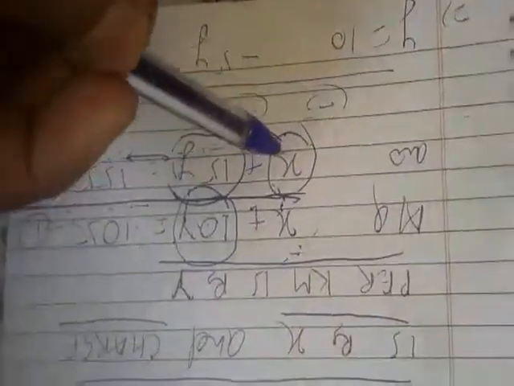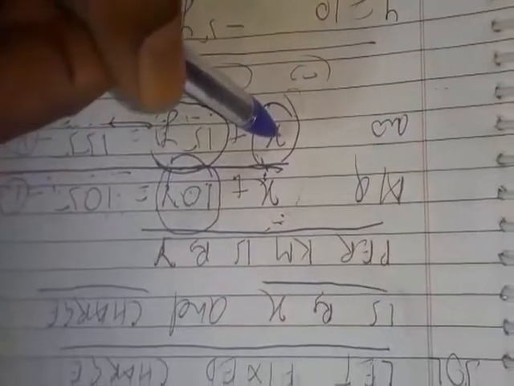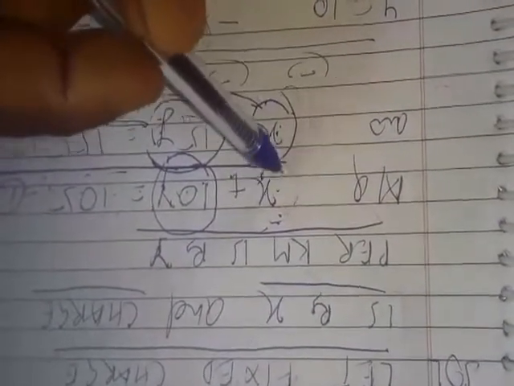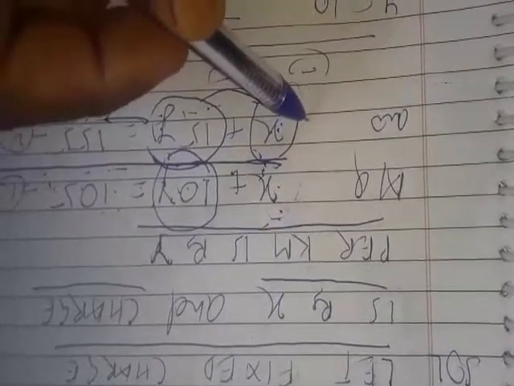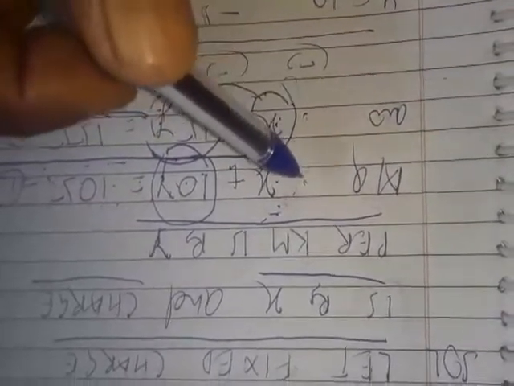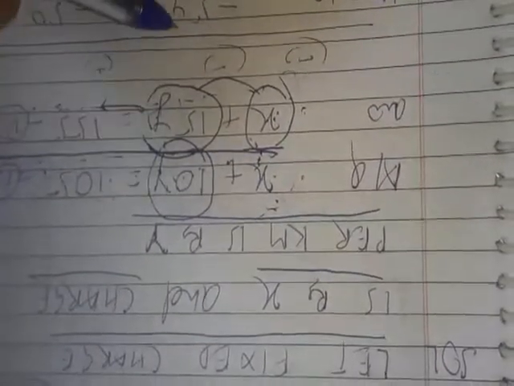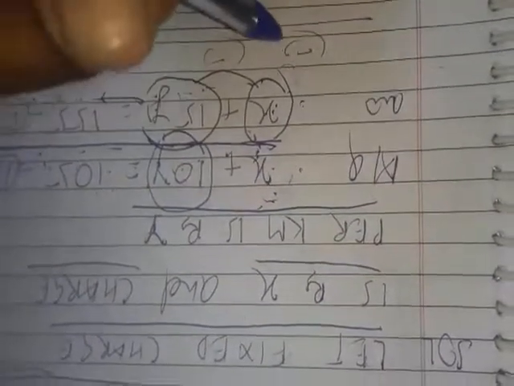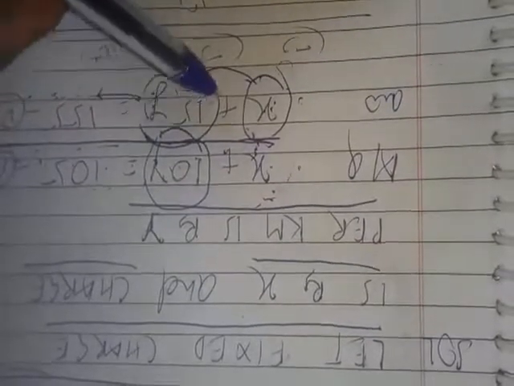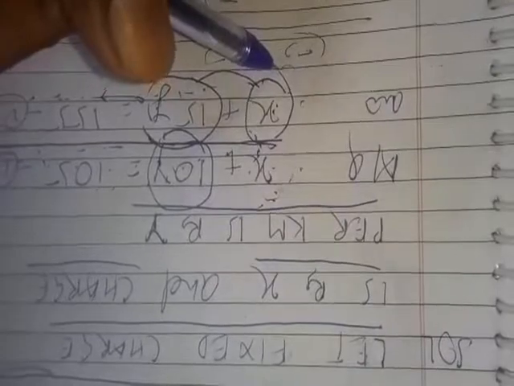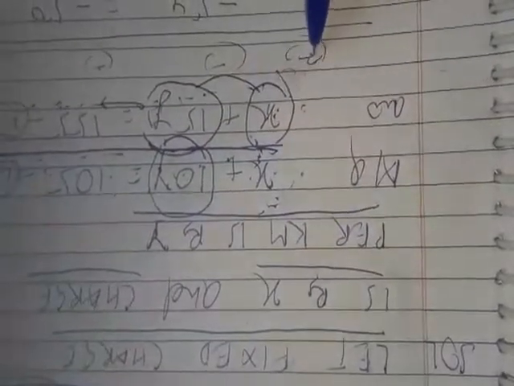Since the sign of variable X, whose numeral coefficients are equal, is the same, that is positive, to solve it we will subtract these two equations. When we subtract these two equations, variable X will be cancelled out.